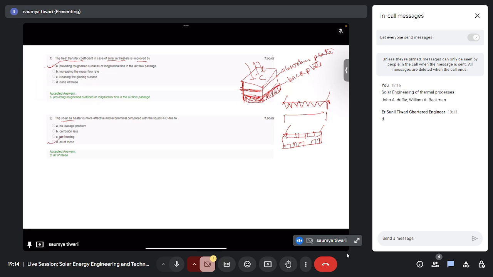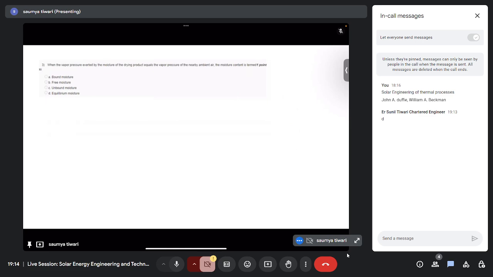Now the next question is, when the vapor pressure exerted by the moisture of the drying product equals the vapor pressure of the nearby ambient air, the moisture content is termed as: bound moisture, free moisture, unbound moisture, or equilibrium moisture?